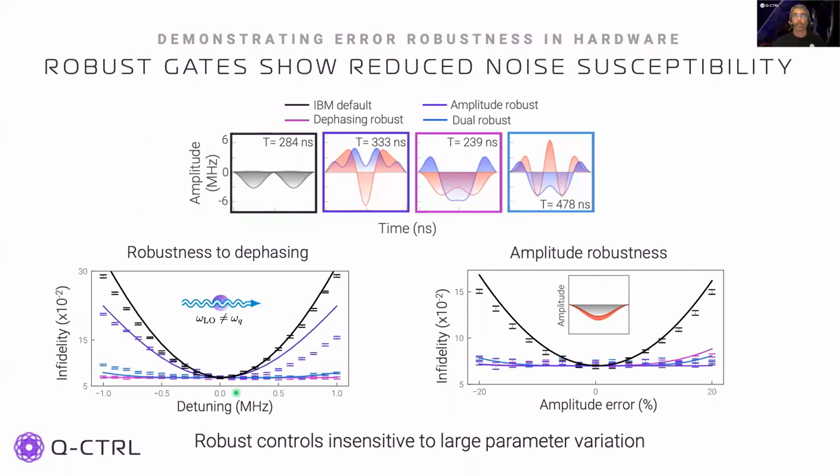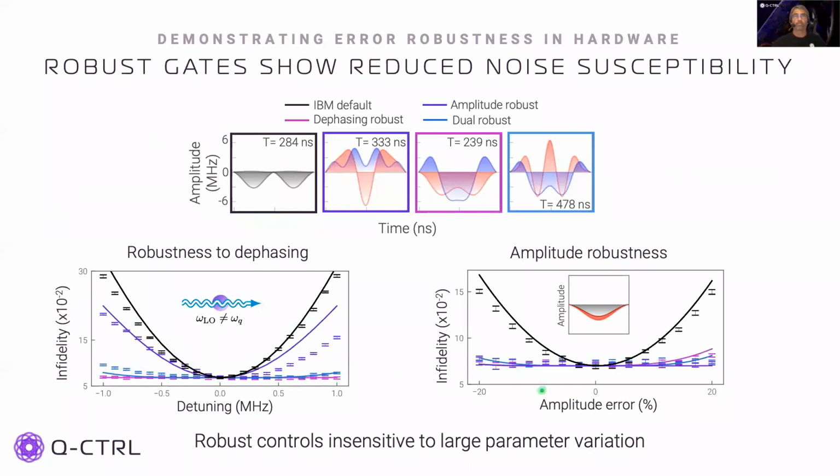In the left figure, we plot the gate infidelity as the detuning between the qubit and the local oscillator varies. The pulses that were designed to be robust against dephasing are insensitive to the detuning, as indicated by the flat response. For the default pulse, on the other hand, the infidelity quickly increases as one departs from the central point in the graph.